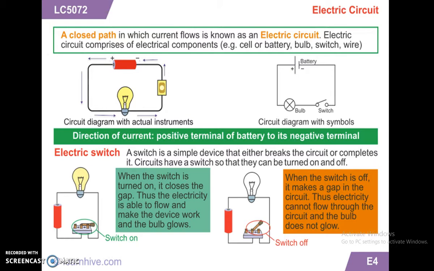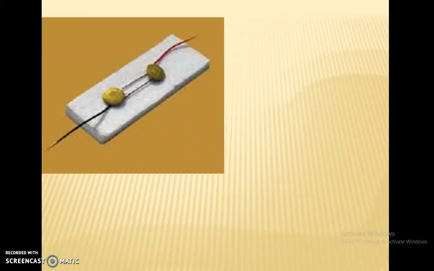When the switch is turned on, it closes the gap, thus the electricity is able to flow and make the device work and the bulb glows. And when the switch is off, it makes a gap in the circuit, thus electricity cannot flow through the circuit and the bulb does not glow.